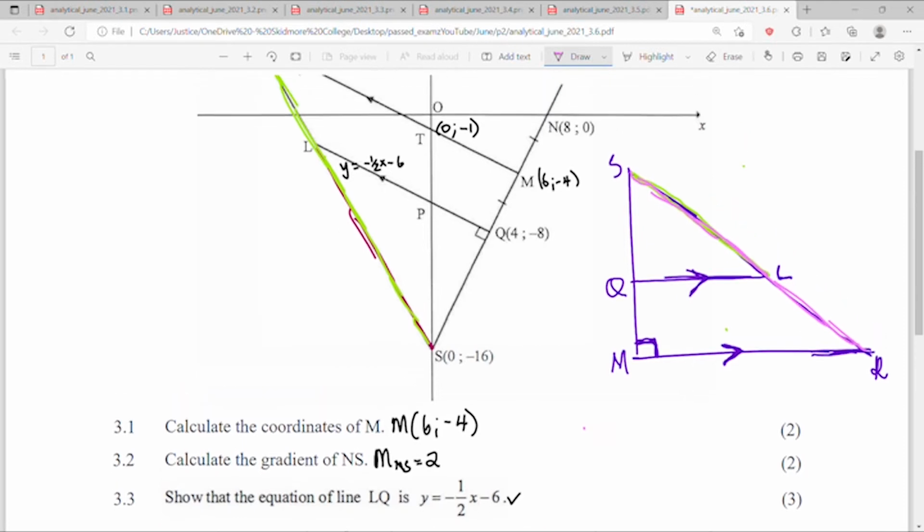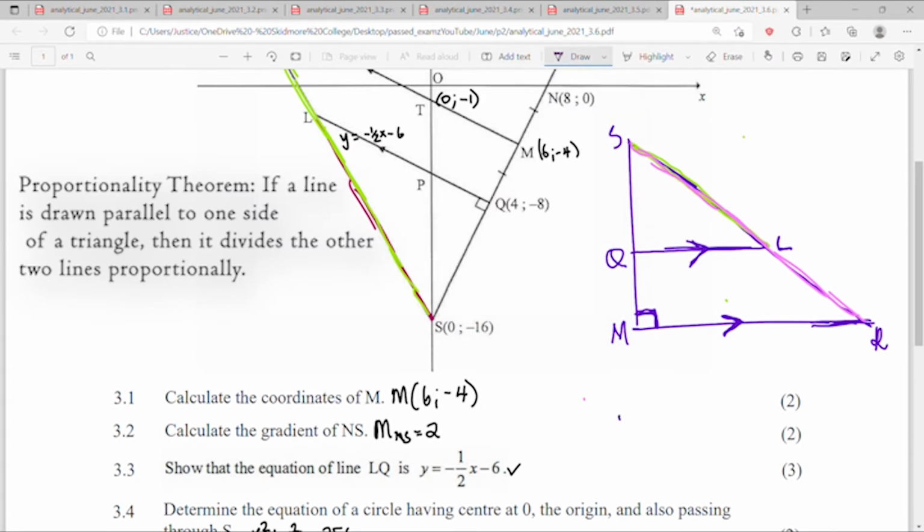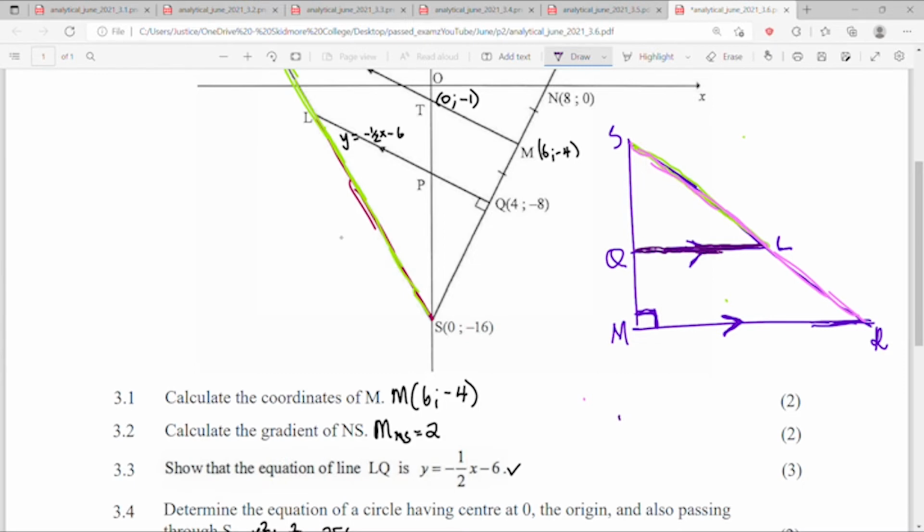Remember that the proportionality theorem says if a line is drawn parallel to one side of a triangle, then it divides the other two sides proportionally. We have this line here from Q to L. It is drawn parallel to this line here from M to R. So that means this line divides the other two sides proportionally. What does that mean?